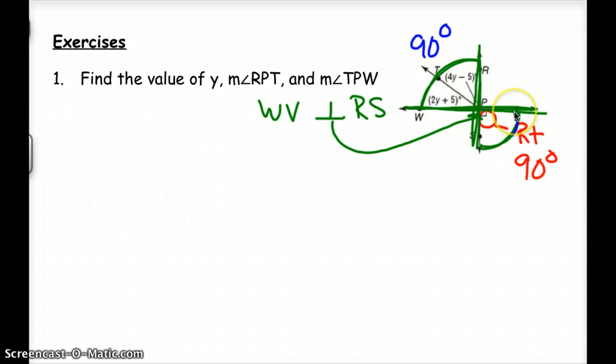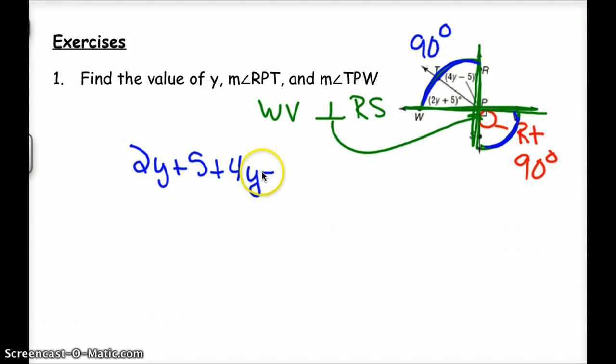This is 90 because this angle and that angle are vertical angles. I'm going to add the two angles together to get 90 degrees. And so I'm going to take my 2y plus 5 plus 4y minus 5 equals 90.